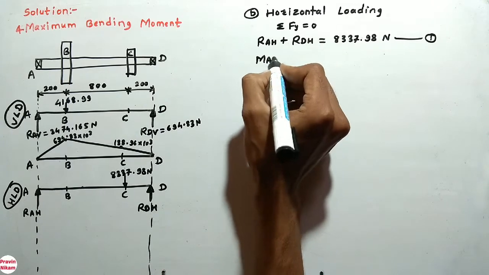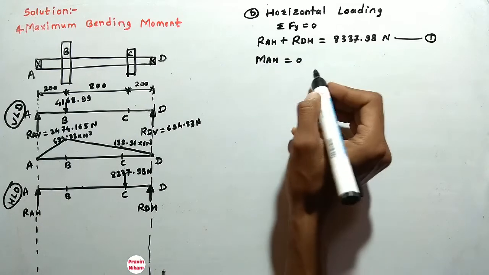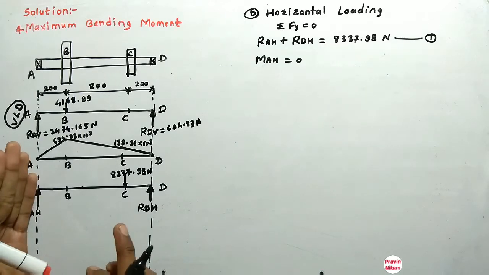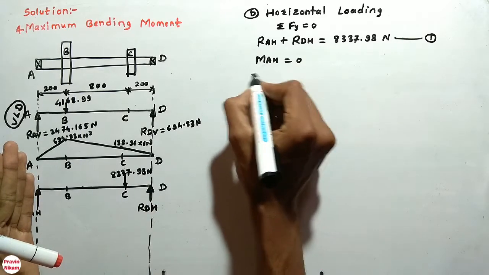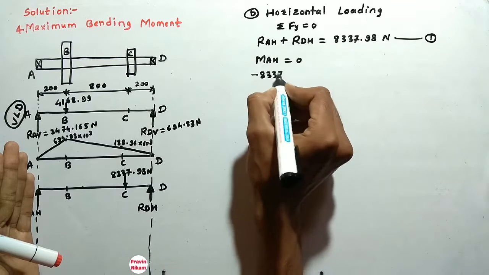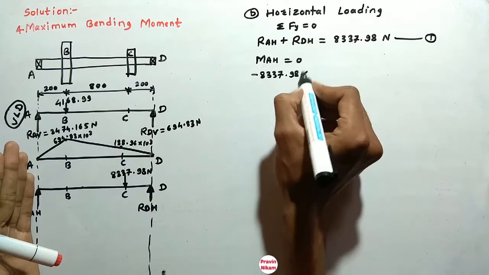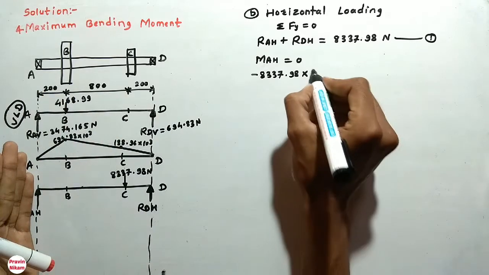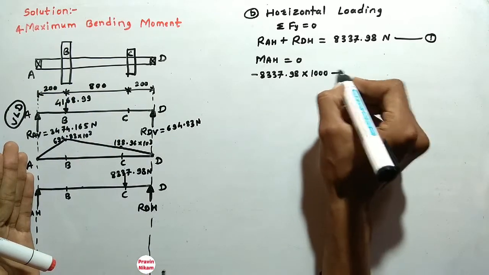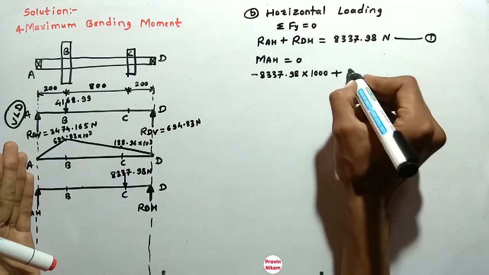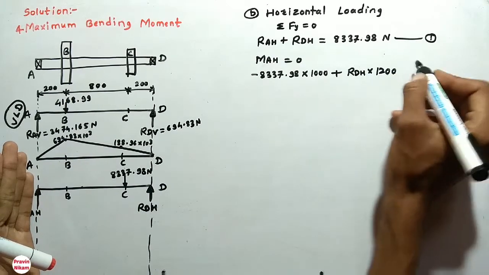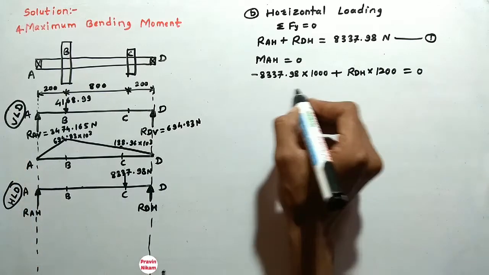Then MAH is equal to 0. So at point A, take a moment. So minus 8337.98 into this distance, 800 plus 200, that is 1000, this is anti-clockwise, plus RDH into total distance 1200 is equal to 0.